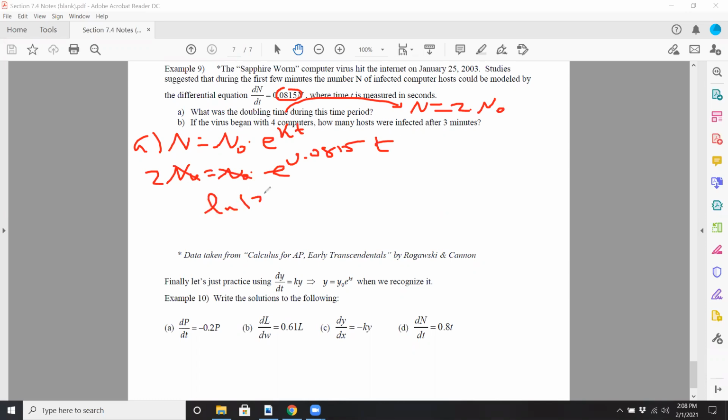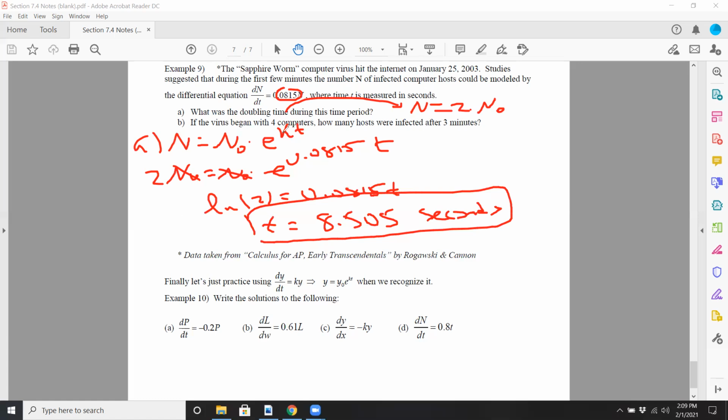Natural log of 2 equals 0.0815t. So you take the natural log of 2, divide by 0.0815, and you get 8.505 seconds, my bad. So it didn't take very long for double the computers to be infected with the virus.